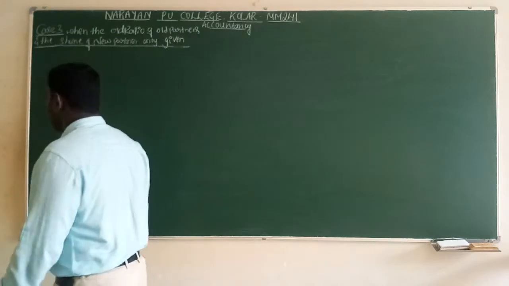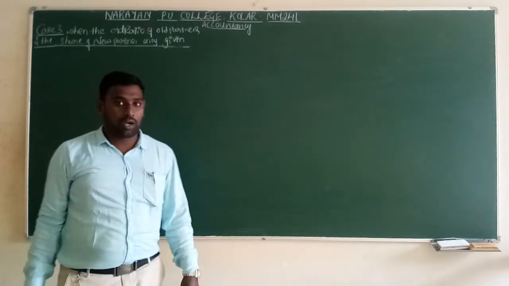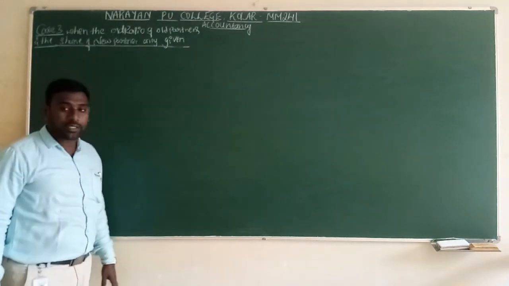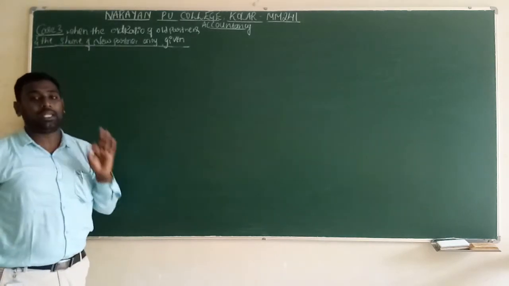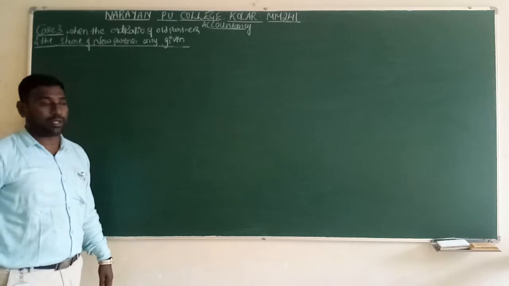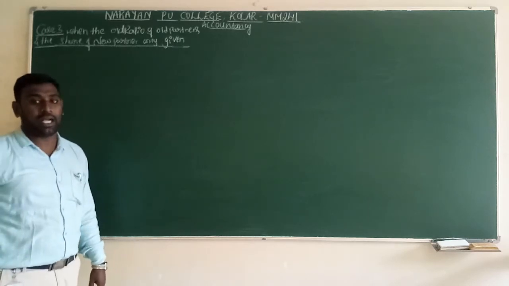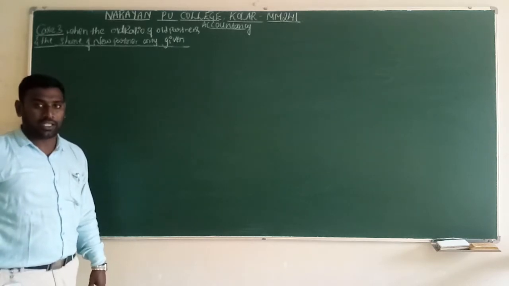This is case number 3, when the old ratio of the old partners is given, and instead of that, the share of the new partner only is given. Only two things will be available in the question. During that time, we have to calculate the new profit sharing ratio.